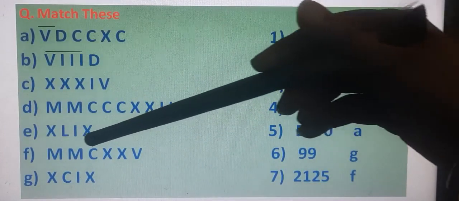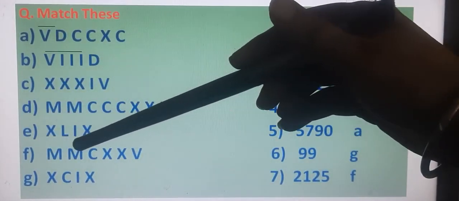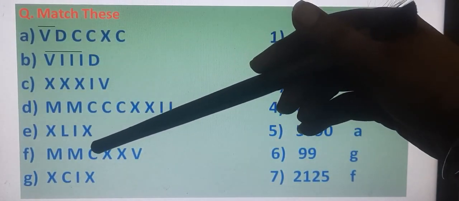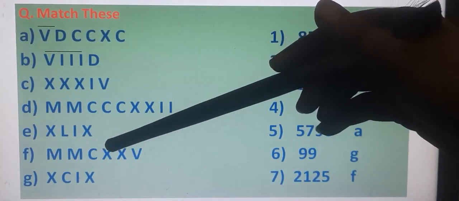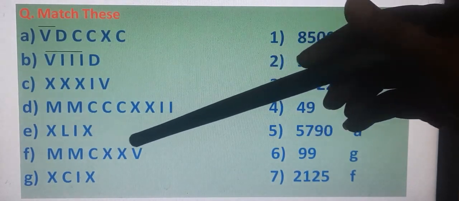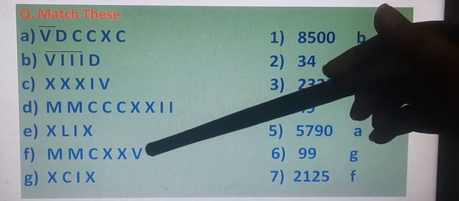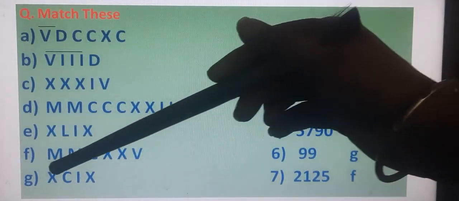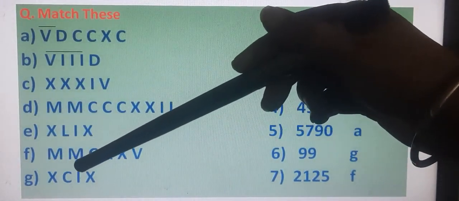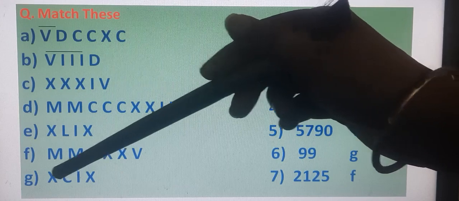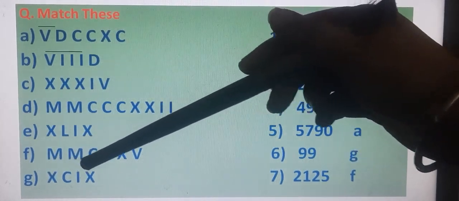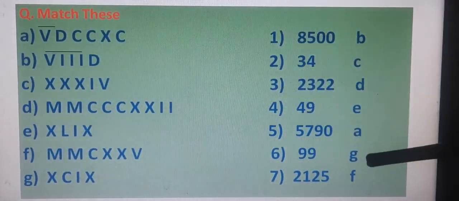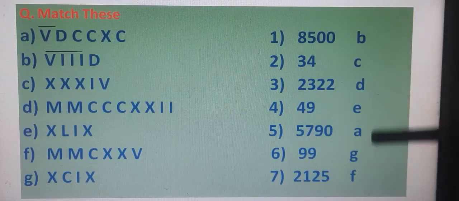So 2000 plus 100, 2100. XXV is 25. So 2125. This is here F part. XC. XC is 90, 100 minus 10. 90 plus 9, 99.